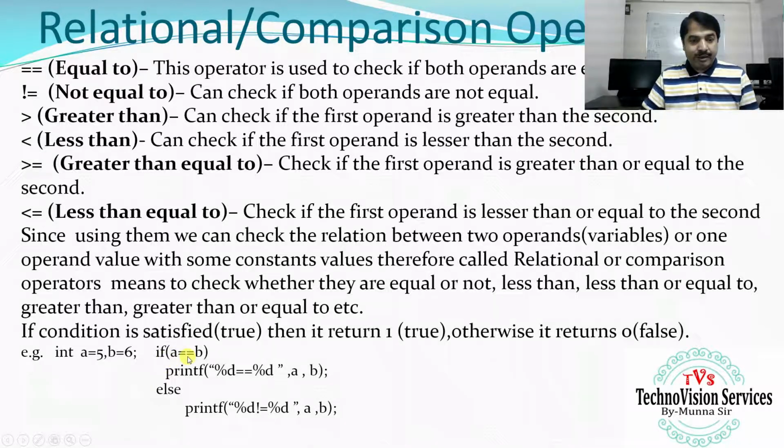If a equal to b, we are checking whether the value of a equals b or not. Then it will print a equal to b, else it will show the value of a not equal to the value of b. We have assigned the constant value 5 to variable a, whereas constant value 6 to variable b. Since 5 and 6 are not equal, it will go to the else part and display 5 not equal to 6.